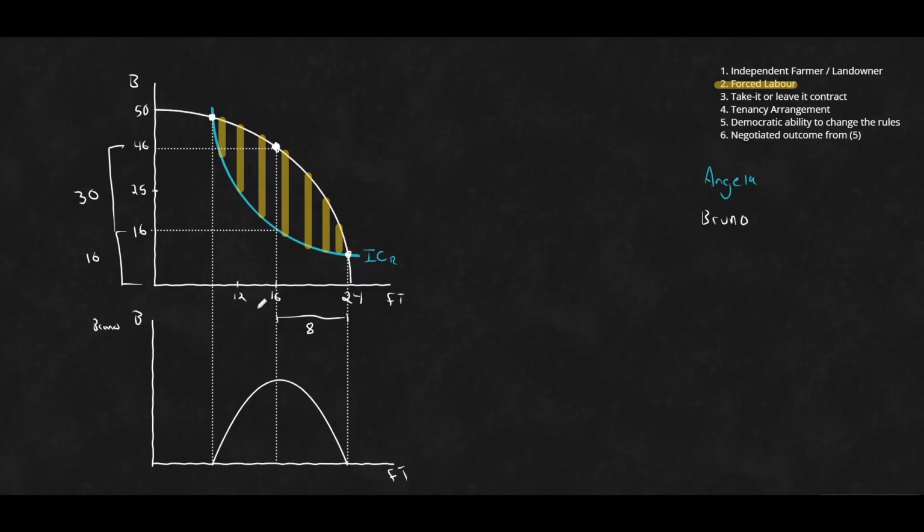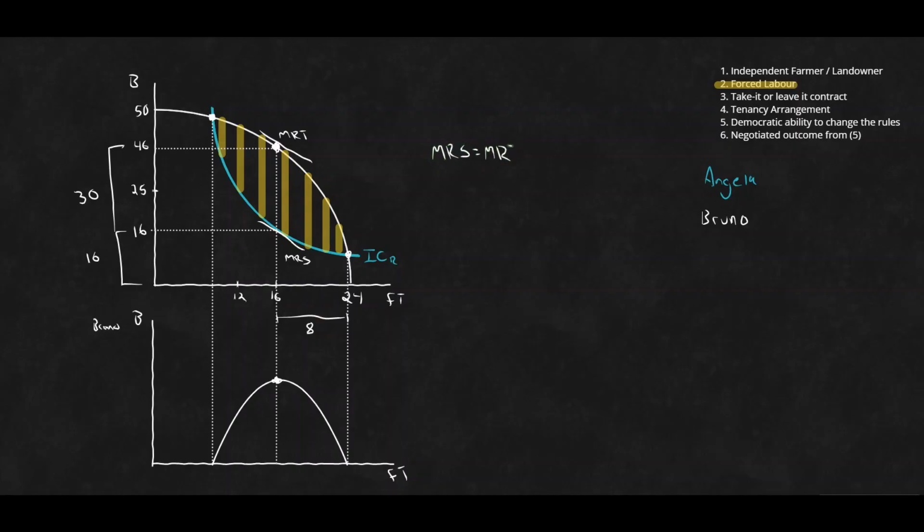Why is this maximized? Because right at this maximum point, based off of our indifference curve, we have our marginal rate of substitution. Based off of our production possibility frontier, we have our marginal rate of transformation. And again, at this point, they are going to be the same value.